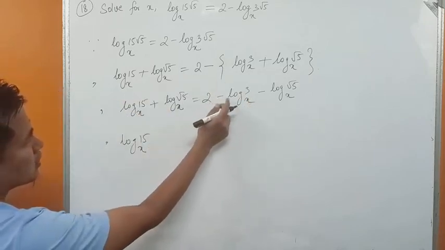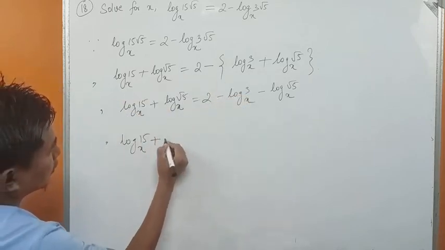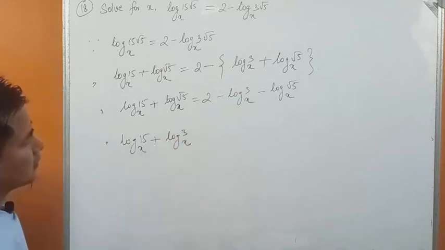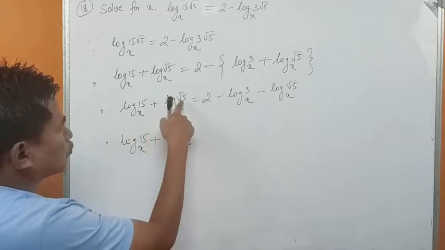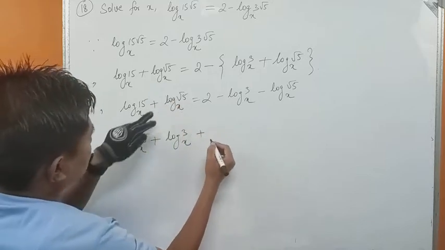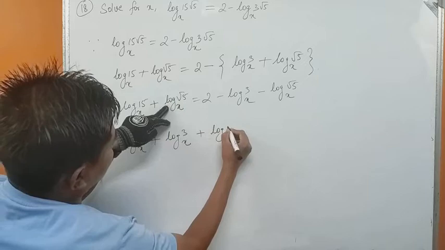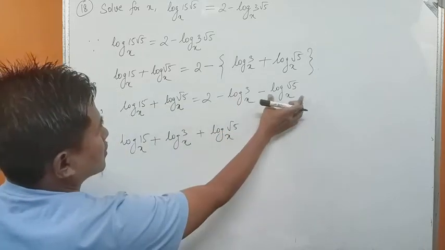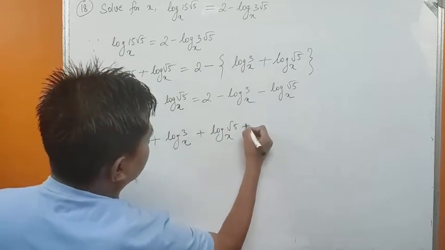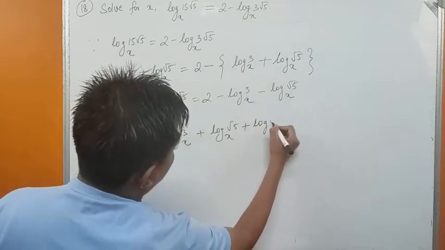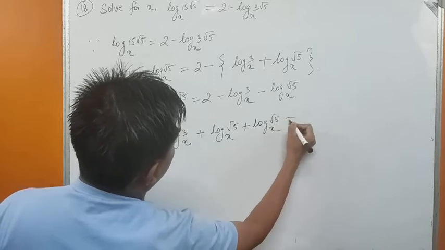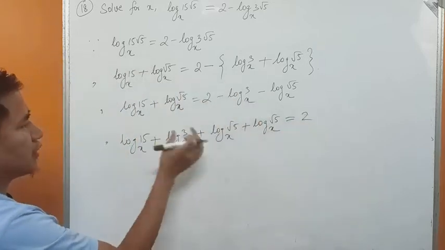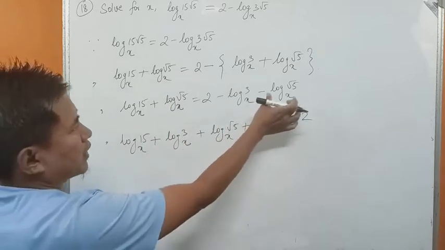Minus log 3 to the base x is plus log 3 to the base x. Now plus log root 5 to the base x, we bring this number now. Minus log root 5 to the base x means plus log root 5 to the base x equals 2 in the right hand side. When we bring this number to the left hand side, the sign changes to positive, minus becomes plus.